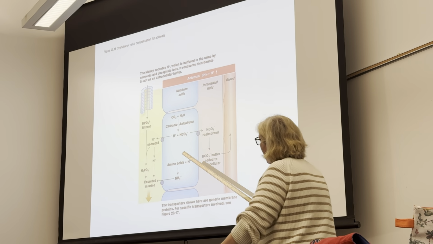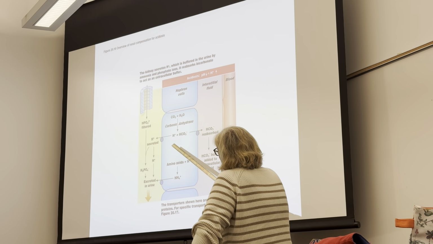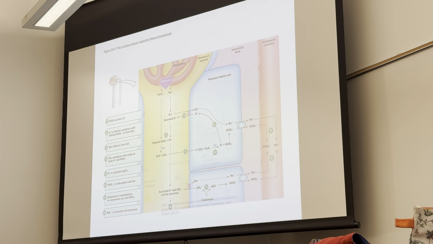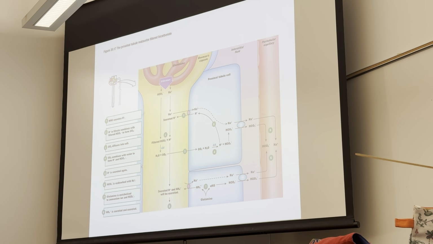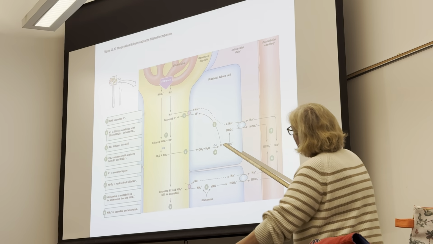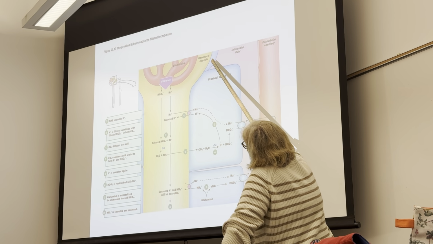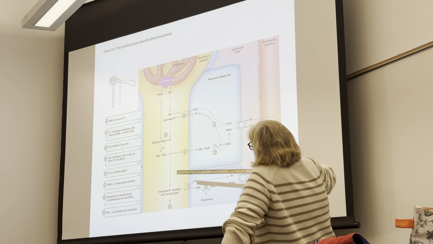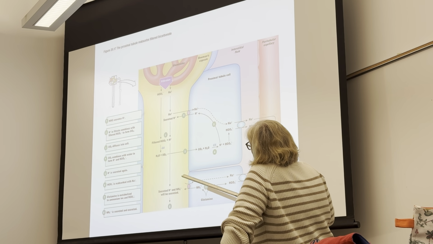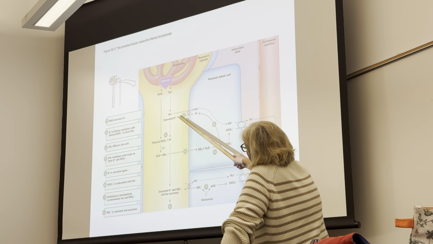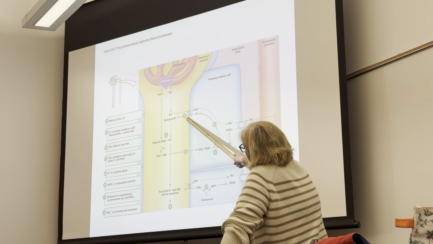So let's get to a little bit more detail. This is a little bit better, I think. So here's an example of that. In the proximal tubule, we do have an ability for sodium exchange for hydrogen, right?